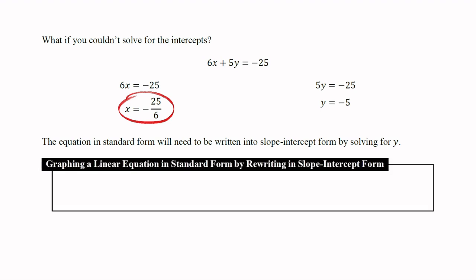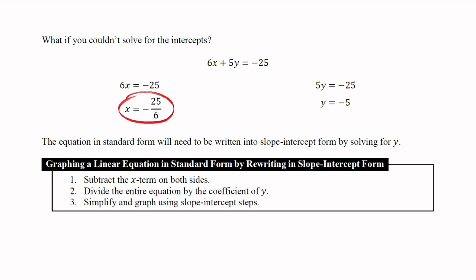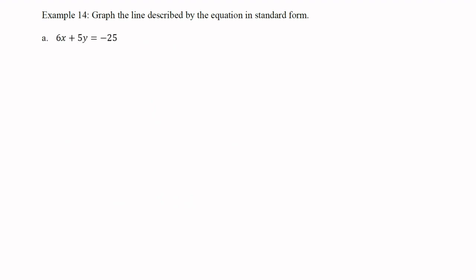So graphing a linear equation in standard form by rewriting in slope-intercept form requires subtracting the x term on both sides, dividing the entire equation by the coefficient of y, and then simplifying and graphing using slope-intercept steps. So let's graph the line of the equation that we just looked at, 6x plus 5y equals -25.